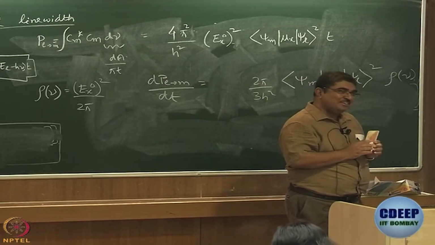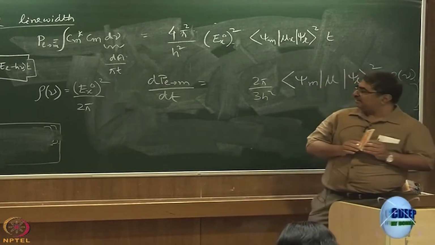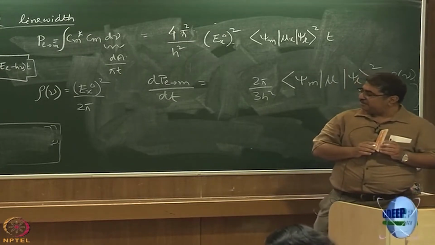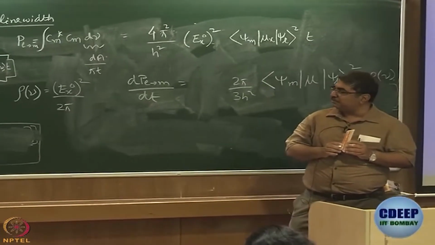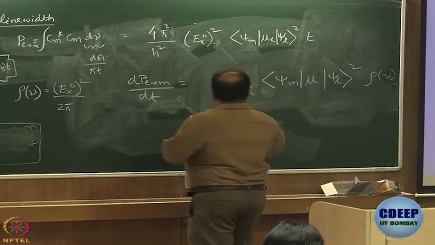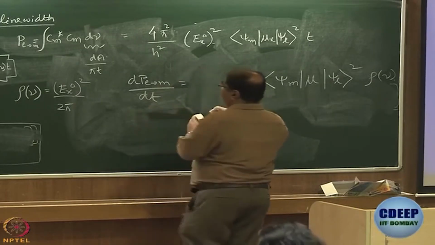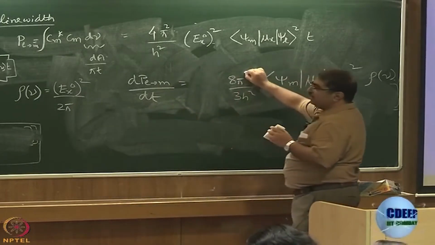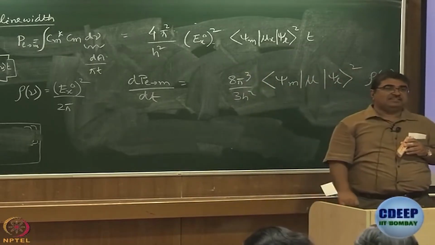Where did I go wrong? So what should I write in place of Ex0 square? I should write 2 pi, right? So actually 2 pi goes here. 8 pi cube, right? 8 pi cube divided by 3h square.